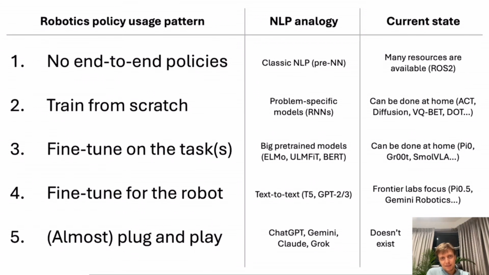So I think that even in frontier labs, they do a lot of training on huge data sets collected on their own robots. So I don't think it's done yet. Maybe the closest thing is something similar to the experiment that I did with MCP for robot control.